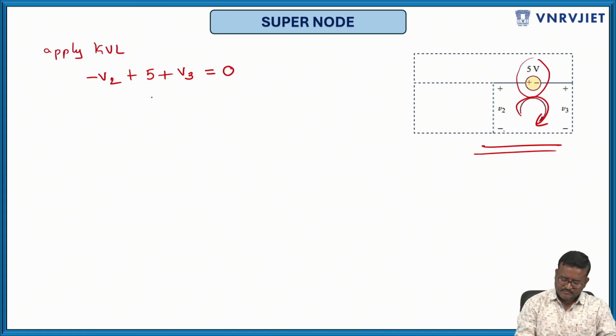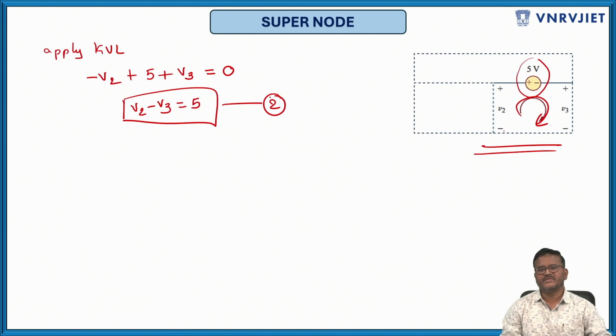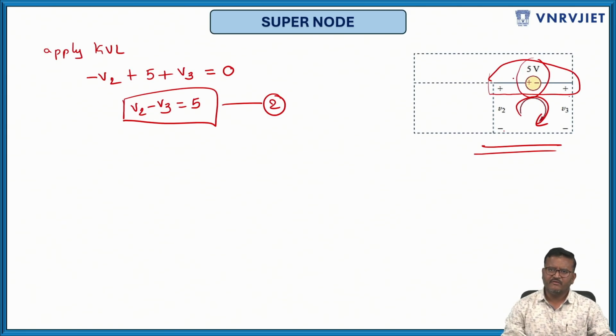So V2 minus V3 equals 5. That is the second equation. Or else, just by visual inspection you can say this is V2, this is V3, and they are separated by a 5 volt source. So V2 minus V3 equals 5 volts.